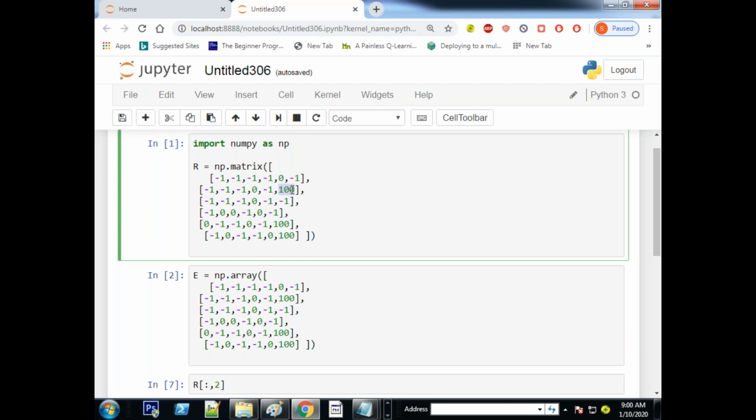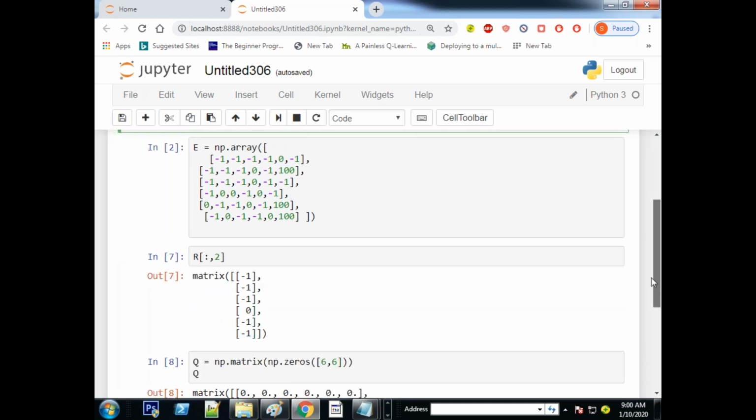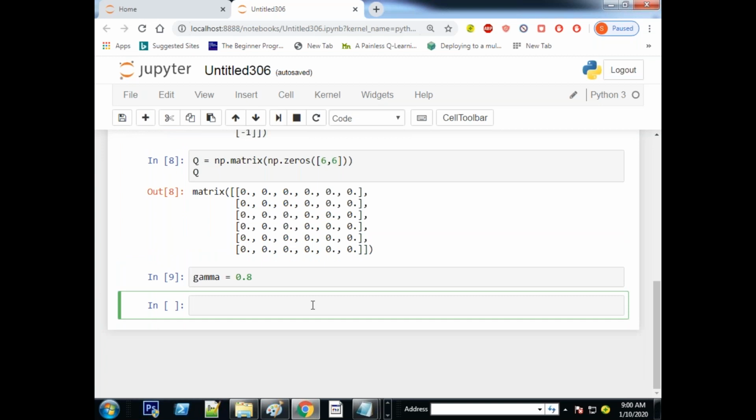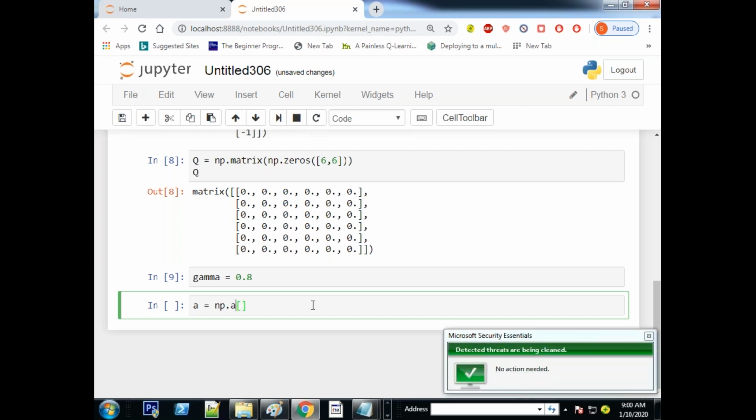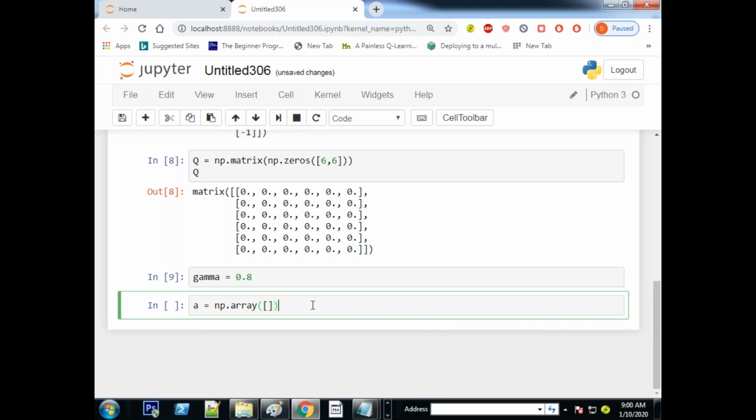So I don't want these values. I want the index numbers of those values. How to get that index number? A small practice here. I'm taking the values, giving np.array of -1, -1, -1, 0, -1, 100.